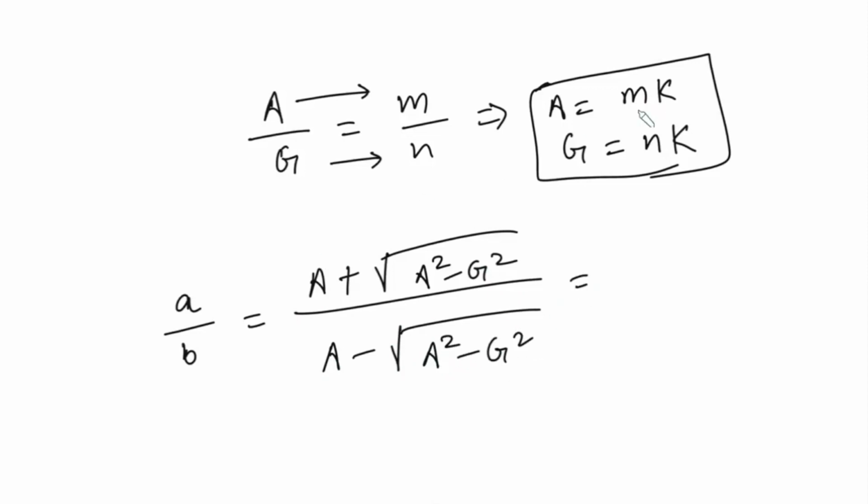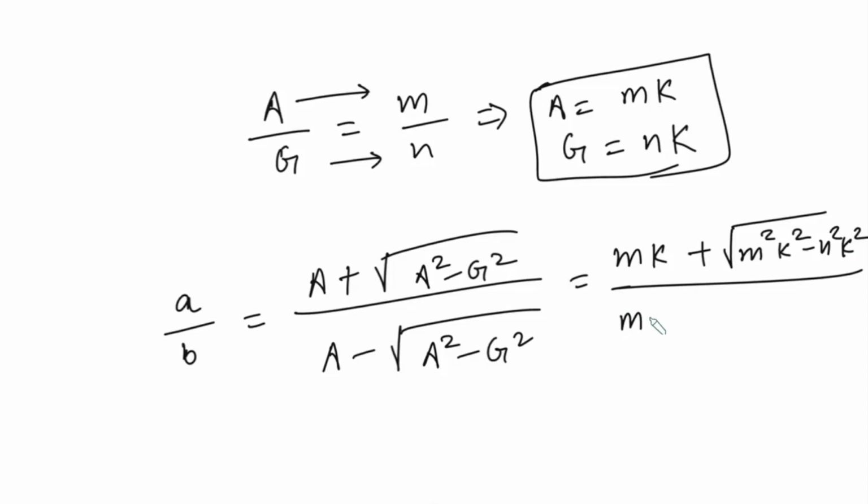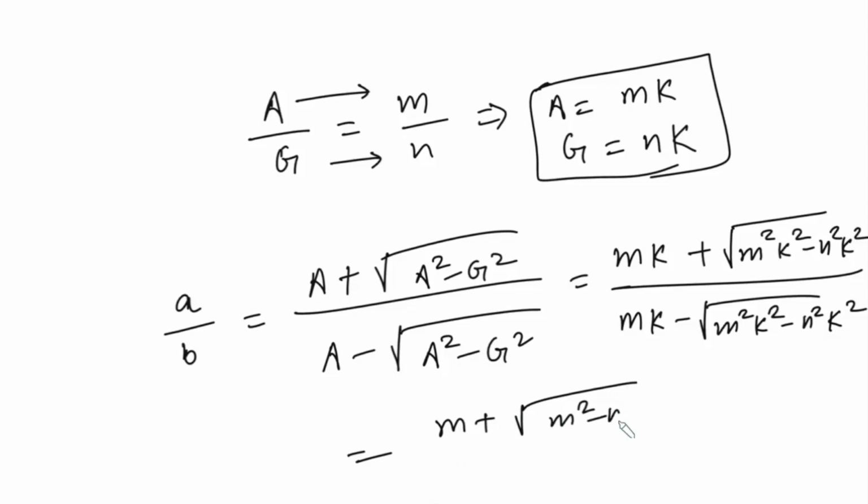We can substitute the value of A, which is mk plus square root m square k square minus n square k square over mk minus square root m square k square minus n square k square. And here from the numerator and denominator, we can take out k common and it will cancel out. So you have m plus square root m square minus n square over m minus square root m square minus n square.